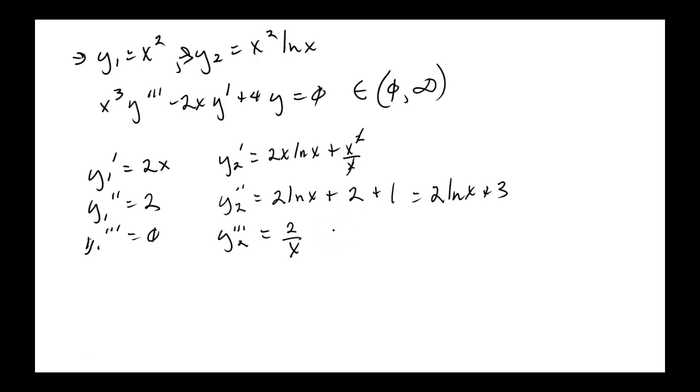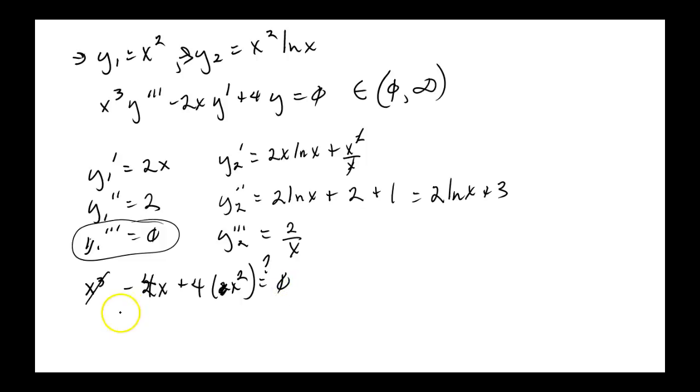Done. Now, I probably should have done each of these separately, but let's do x cubed y1 triple prime, 0, minus 2x times 2, that would be minus 4x, right? Plus 4 times y, which is x squared. Oh, I'm sorry, I looked at the wrong thing.